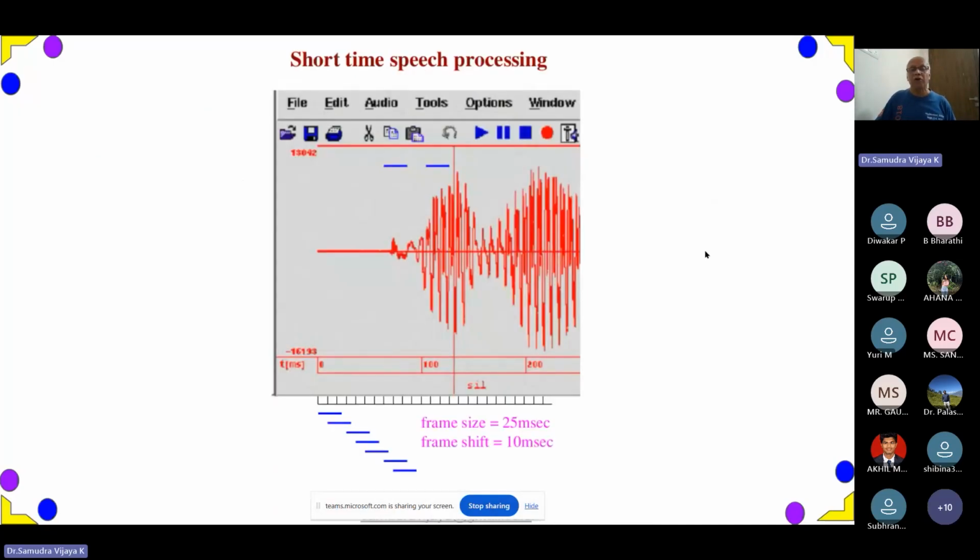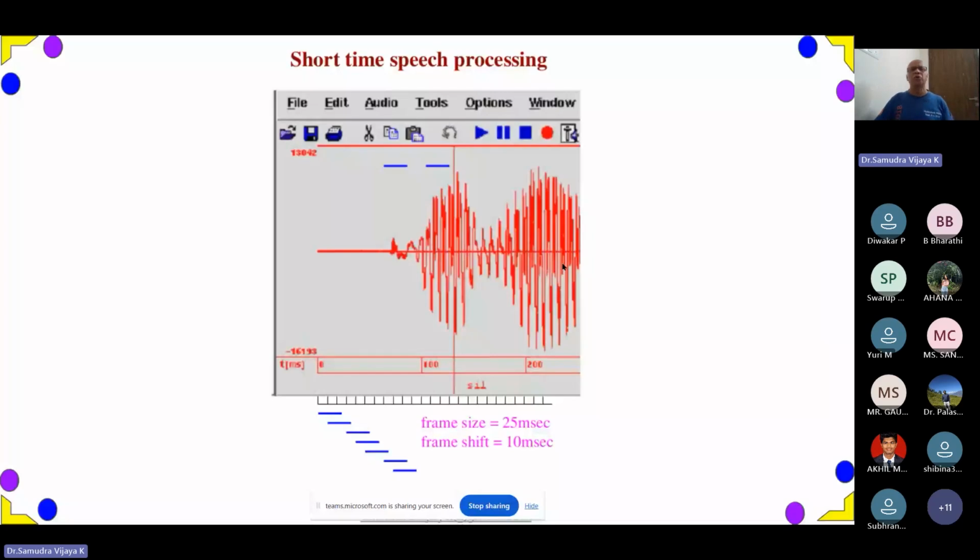So I talked of computing the spectrum of a short duration of sound. And this spectrum varies with respect to time. The spectrum has two characteristics: frequency and amplitude. But we want to see how the spectrum, which is a two-dimensional quantity, varies with respect to time. Therefore, we want a three-dimensional representation.